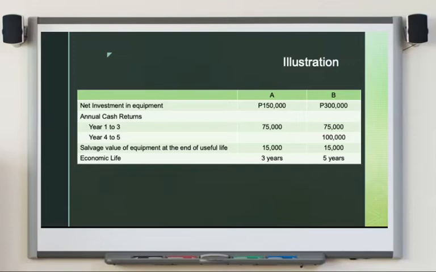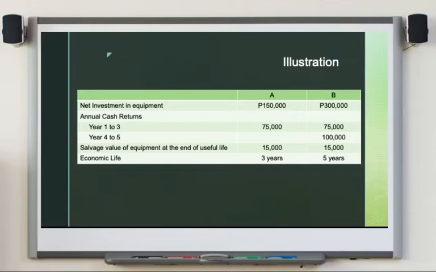The salvage value of the equipment at the end of its useful life is 15,000, both for proposal A and proposal B. The economic life of proposal A is only 3 years, and for proposal B, it's 5 years.